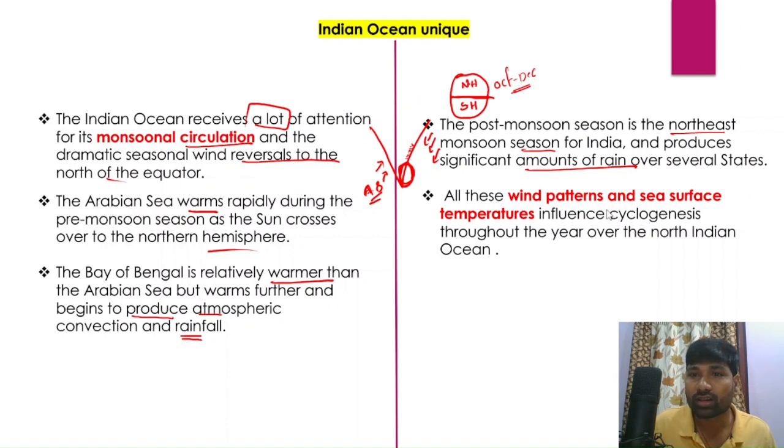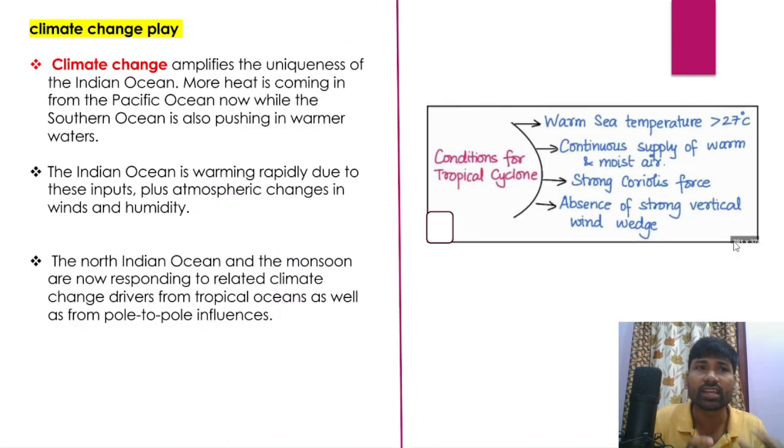And in fact, all the wind patterns and even sea surface temperatures influence cyclogenesis throughout the year over the northern Indian Ocean. Climate change plays a very important role in influencing the increased intensity and frequency of these cyclones that we have recently seen.